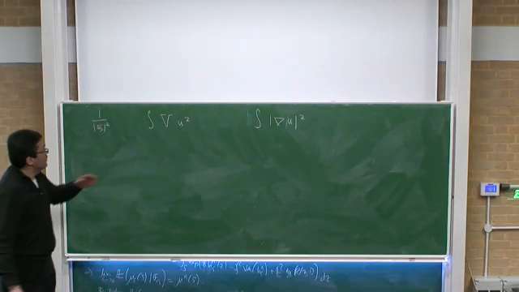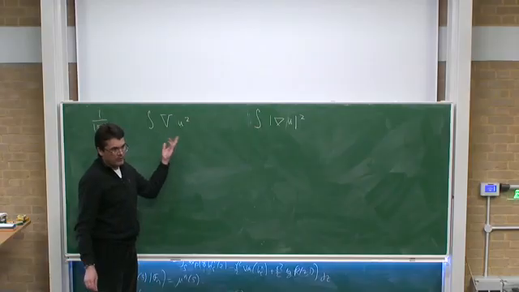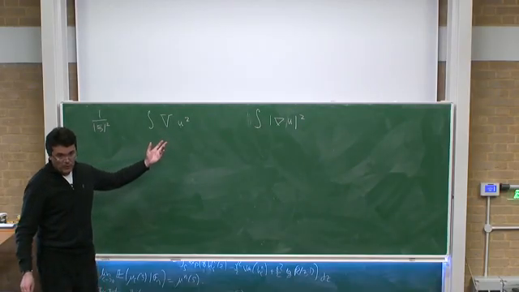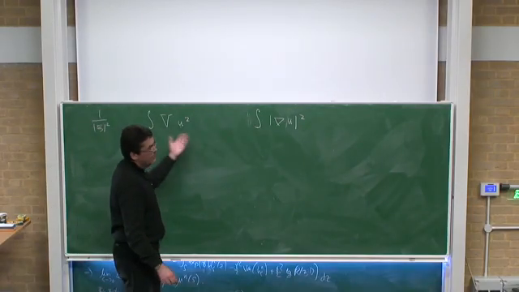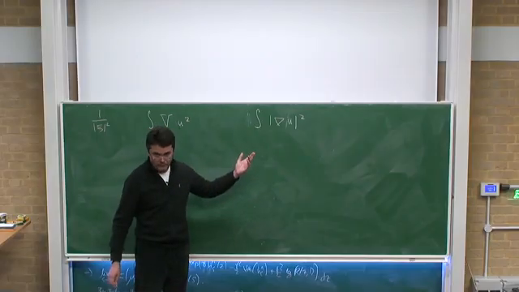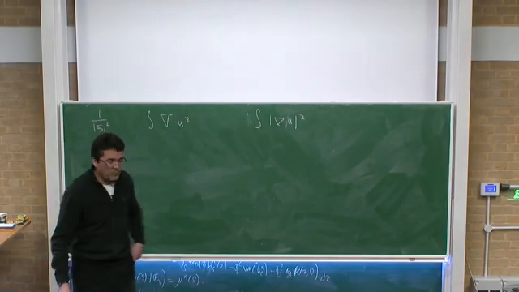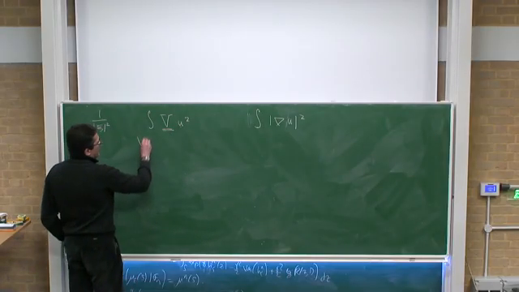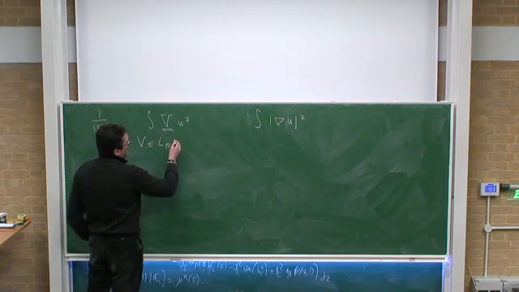Suppose you are trying to see where you want this potential to be in order to make sure that the integral is finite. It's just the Hölder inequality. So suppose you want to have this in some L^p.